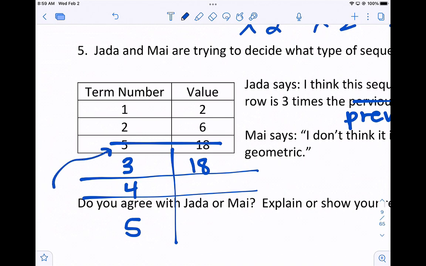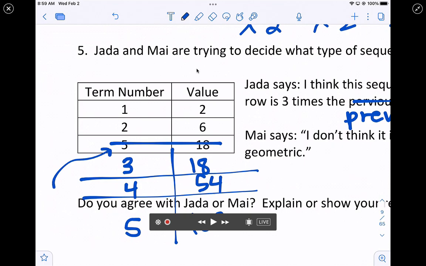term number, and then 18 times 3, I don't even know what that is. We'll type that in. That would have to be 54. And so the fifth term, if it was multiplied by 3 every time, would have to be 162. If we graph that, that would look more geometric. So I'll show you what that looks like.